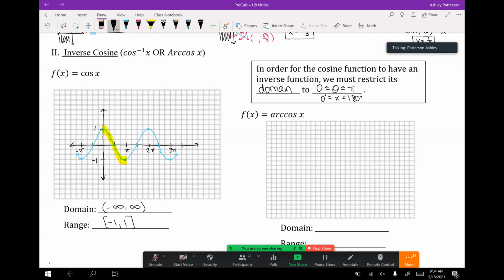Let's graph the inverse, which is just that highlighted piece. Remember, for inverse functions, your x and y values switch. So for the inverse, its x-axis is going to go from negative 1 to 1, and the y-axis is going to have the radian measures.